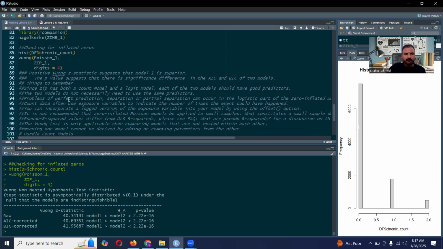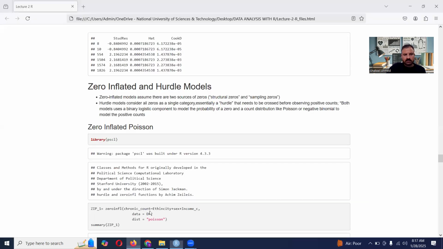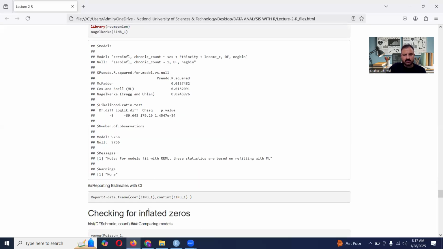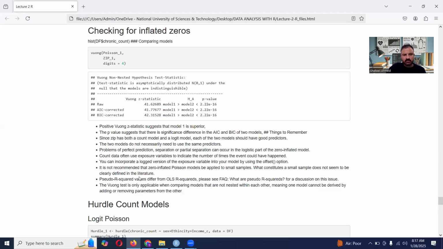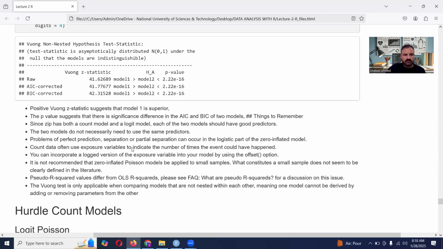models, and the things you need to remember, you need to keep in your mind that the p-value suggests that there is a significant difference in the AIC and BIC of two models. Since ZIP has both a count model and a logit model, each of the two models should have good predictors. And the two models don't necessarily need to use the same predictors.